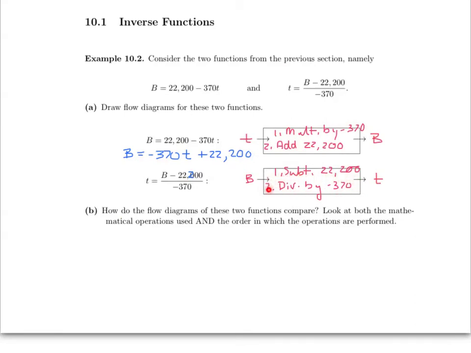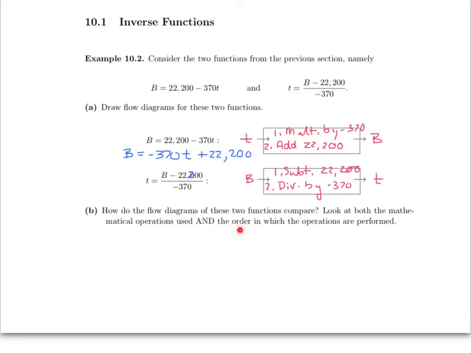So we're performing opposite operations with the negative 370. Similarly with the 22,200. In the first function we're adding 22,200, but in the second function we're subtracting 22,200. So the difference in the operations performed between the two functions is that they are opposite. If we multiply in one case, we divide in the other case. If we add in one case, we subtract in the other case.